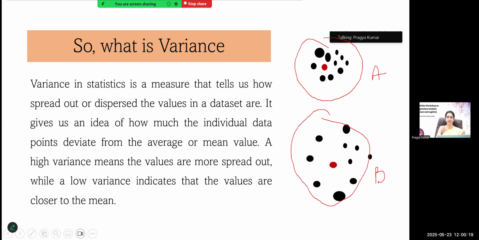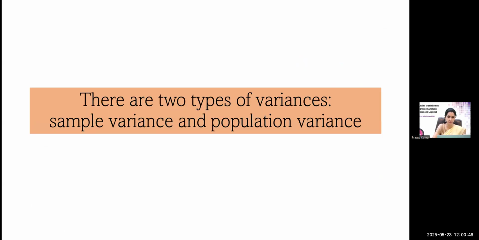By seeing the spread, if the values are spread out, dispersed, then there is more variance. This red dot is the mean. If the values are very close to the mean, then there is less variance. If the values are very much spread out from the mean, then the variance is more.